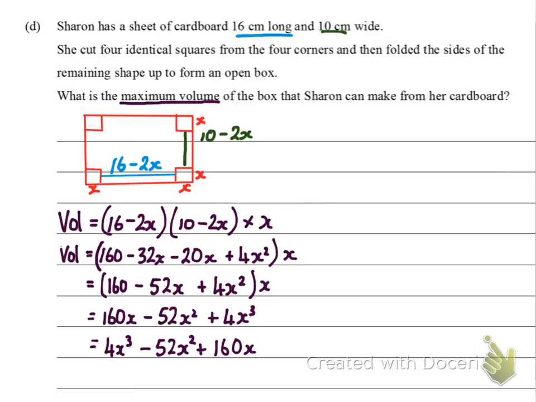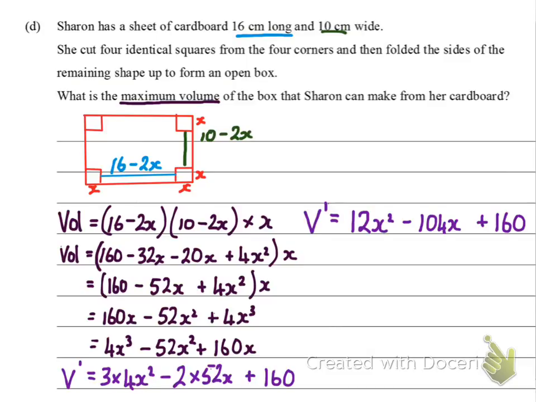Now we want the maximum volume, so we are going to differentiate it. Multiply by the power, reduce the power by 1, tidy it up. Because we want the maximum, we've got to find out when it equals 0. You could use factorising, the quadratic formula, or your calculator to find the 2 points where it equals 0, and it's 20 over 3, or 6 2/3, or 2.